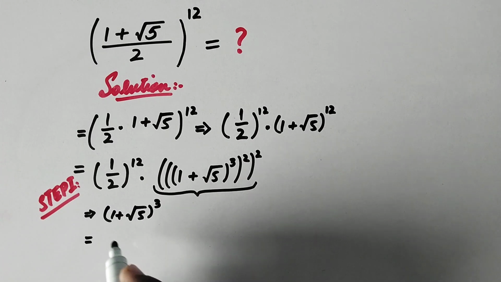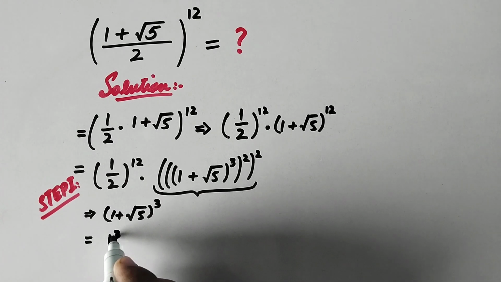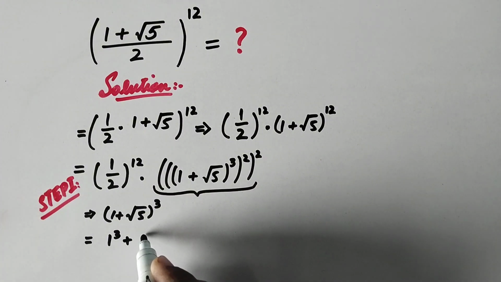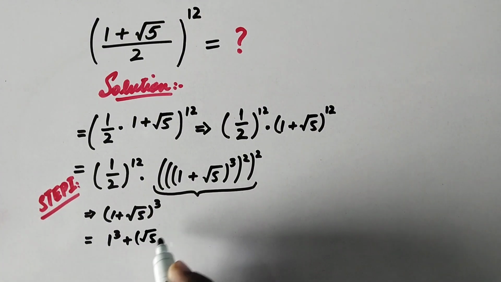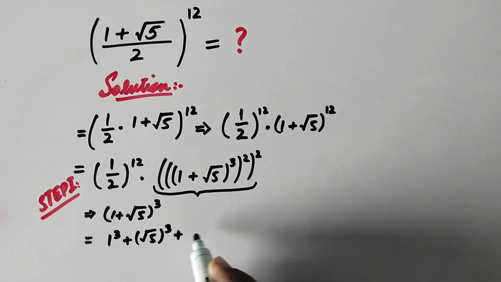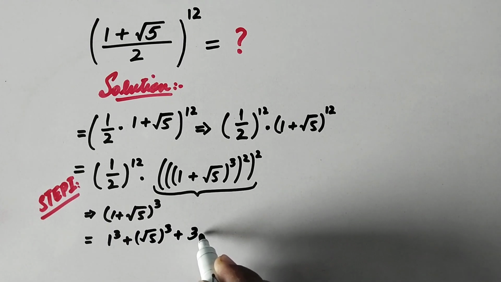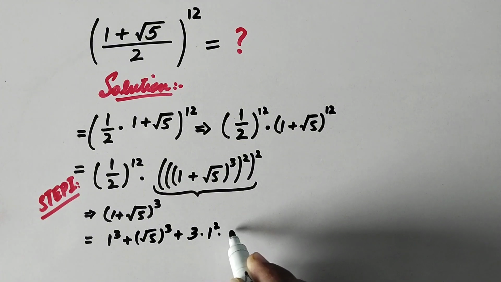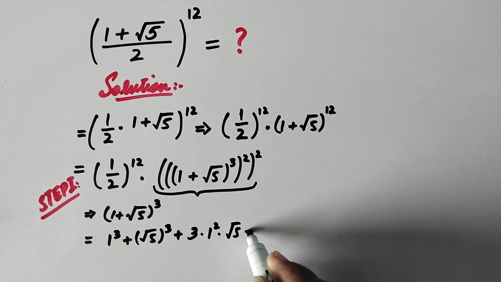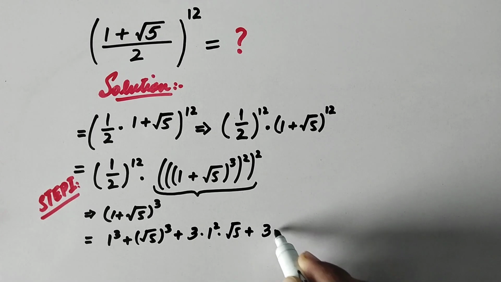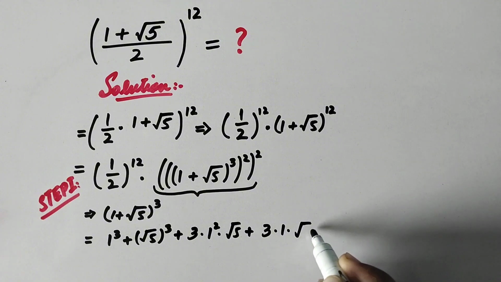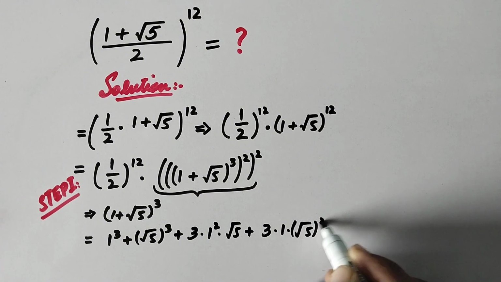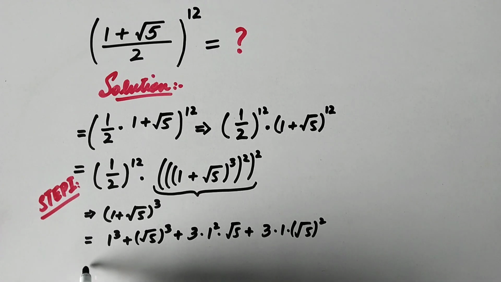Therefore, it will be equal to 1 cubed plus square root of 5 cubed plus 3 times 1 squared times square root of 5 plus 3 times 1 times square root of 5 squared.